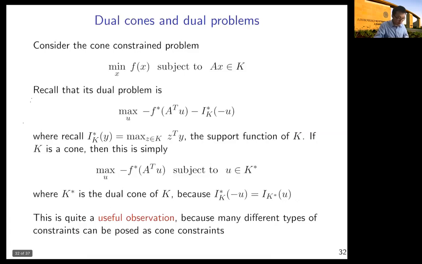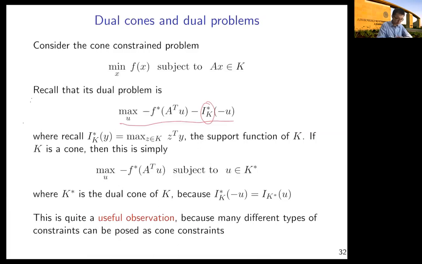Okay, so we talked about how conic programs are the most general convex optimization programs, and by simply applying the Fenchel duality, we can get the corresponding dual problem for the conic program, and that involves the support function of this cone.